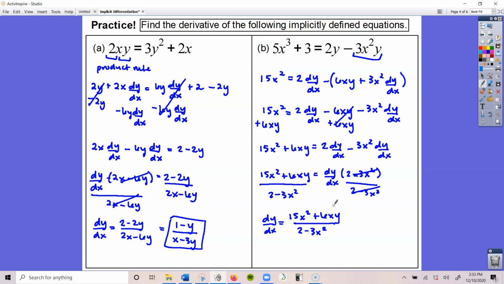Now, just as a side note, this is my answer, but depending on where you move the dy/dx terms will determine your signs. So the numbers will always stay the same, but let's say if I had moved all my dy/dx's to the left and everything else to the right, then an equivalent answer would be negative 15x squared minus 6xy over negative 2 plus 3x squared.